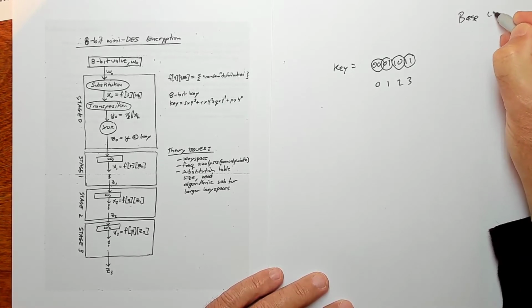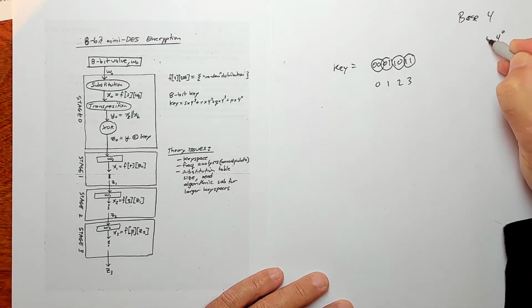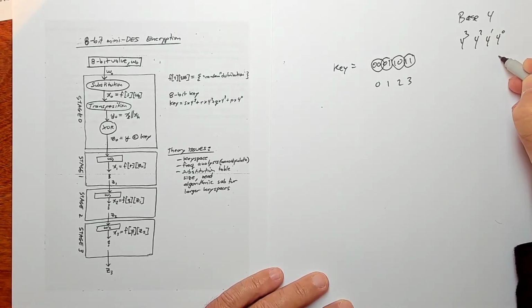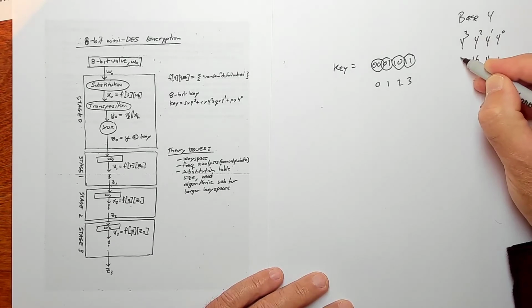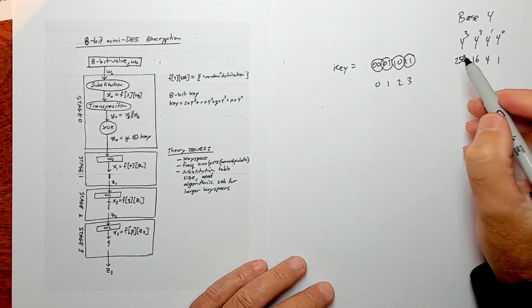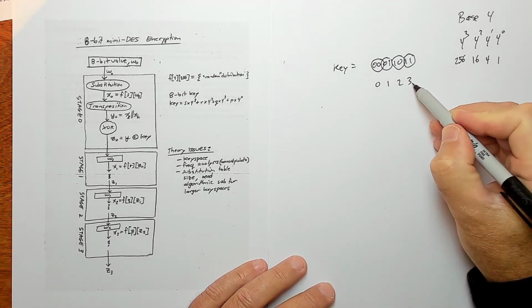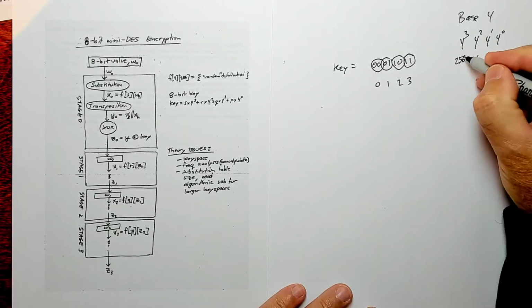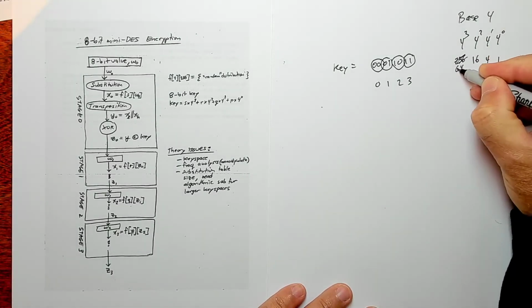Because if it were base 4, you'd have 4 to the 0, 4 to the 1, 4 squared, 4 to the third, or 1, 4, 16, 64.